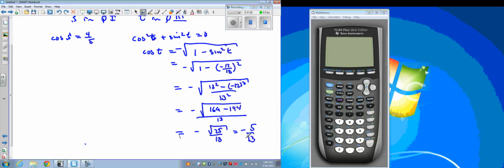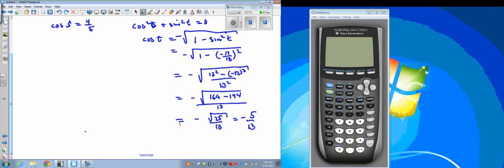So now we're ready to do the plus. Remember that it said to do sine of s plus t, tangent of s plus t, and then what quadrant it is in. So the sine of s plus t is what? The sine of s cosine t plus cosine s sine t.